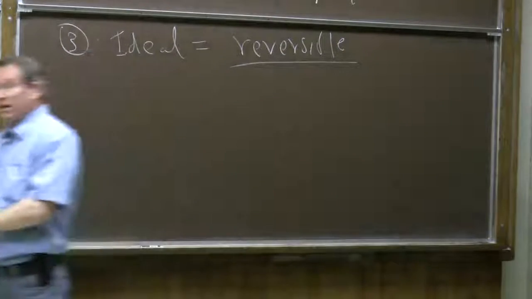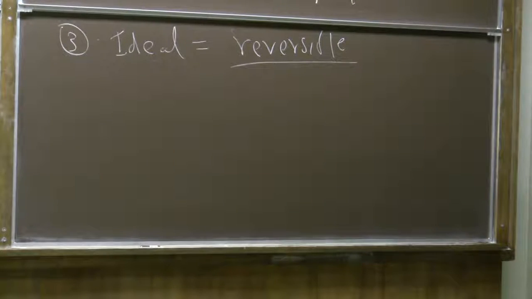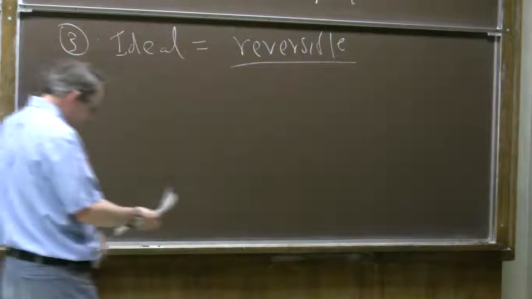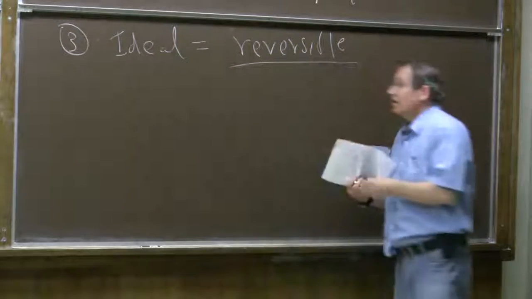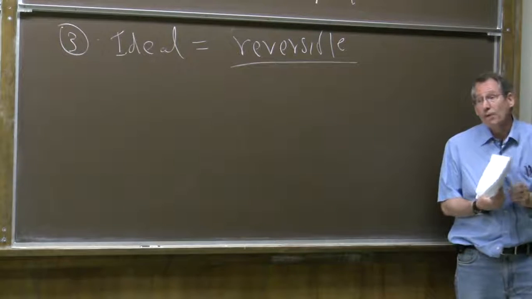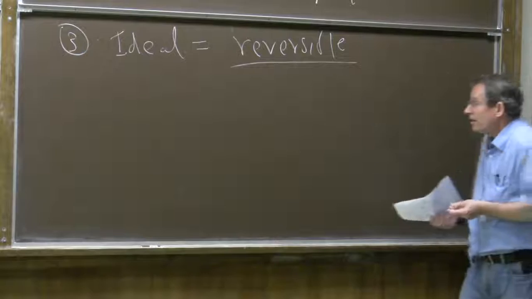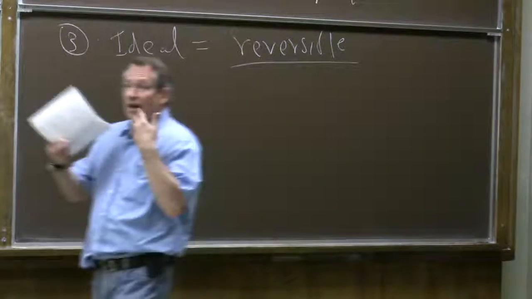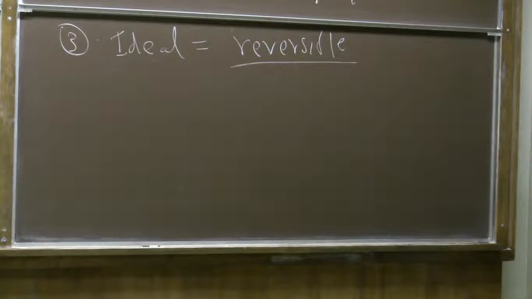So that means, in principle, we can run the whole thing backwards instead of forwards in time. It also means, as in our earlier use of the word reversible, when we talked about the second law, that there is no net change in the entropy of the whole universe.